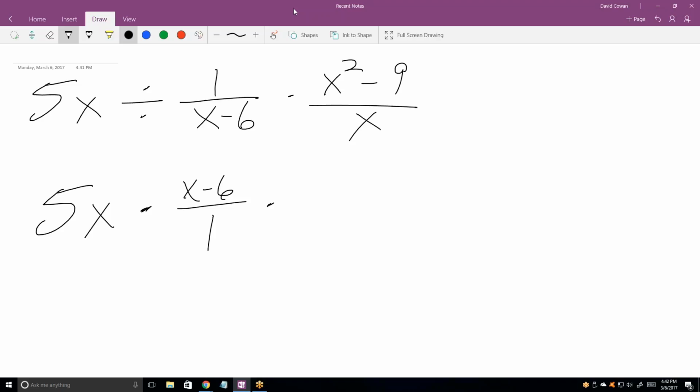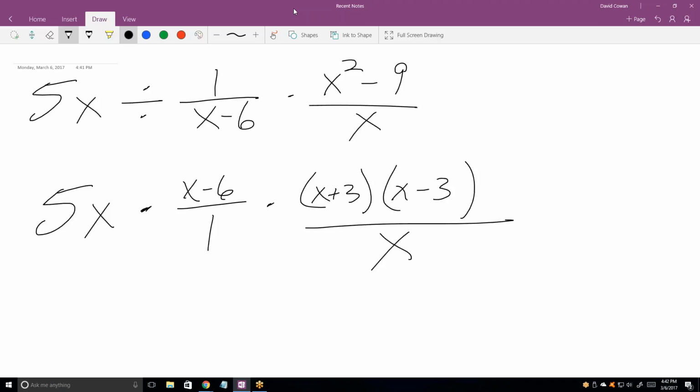And then I multiply, and now factor that numerator. If something can be factored, factor it, always. X squared minus 9 factors how? X plus 3 times x minus 3. And I still have the x down there. Okay, now I got all multiplication going on.